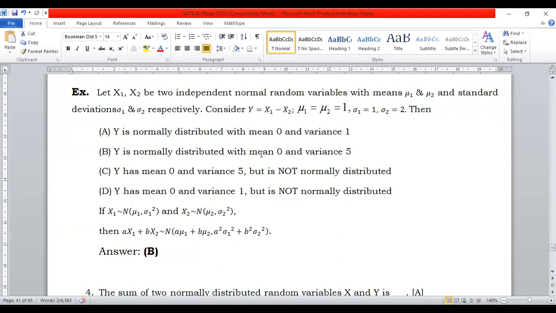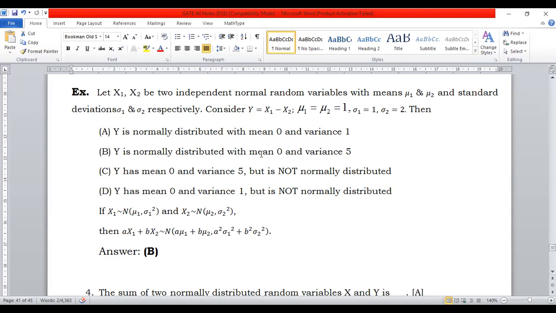Now I try to explain it in the best possible way. X1 minus x2. X1 is normal with mean 1 and variance 1 square. X2 is a normal random variable with mean 1 and variance 4. And independent. So x1 minus x2 again follows normal distribution, no doubt about that.